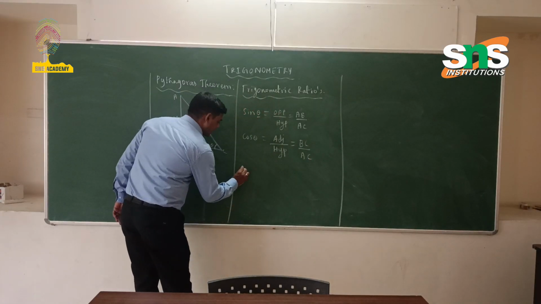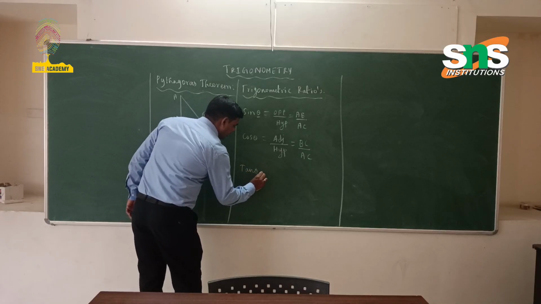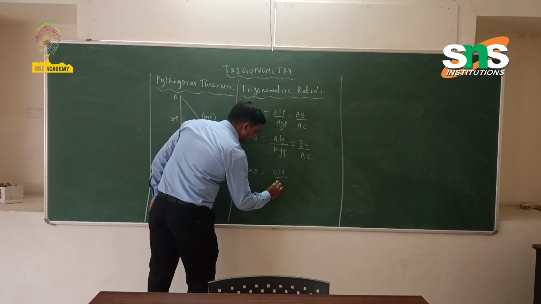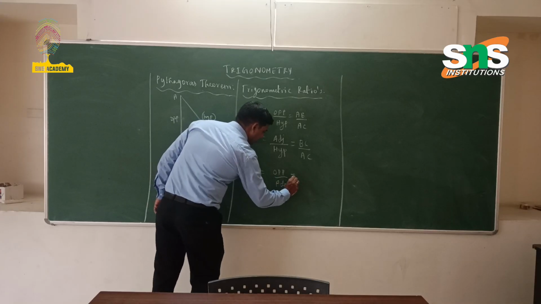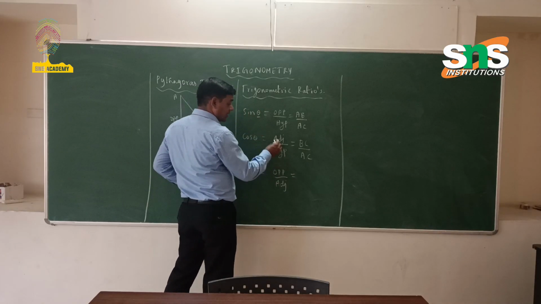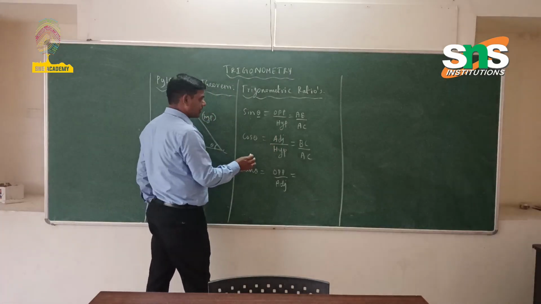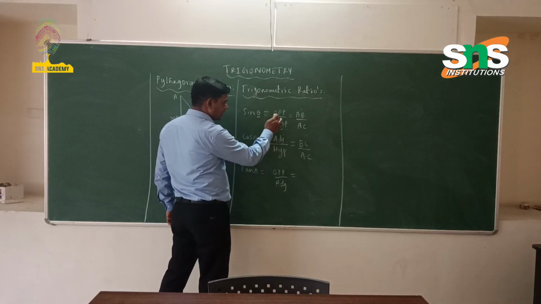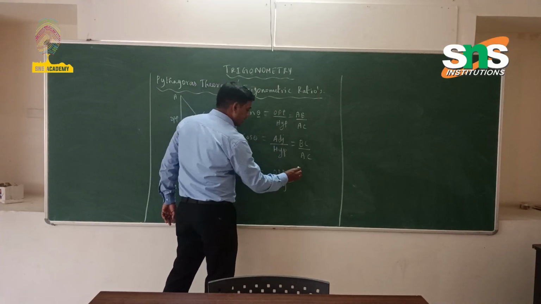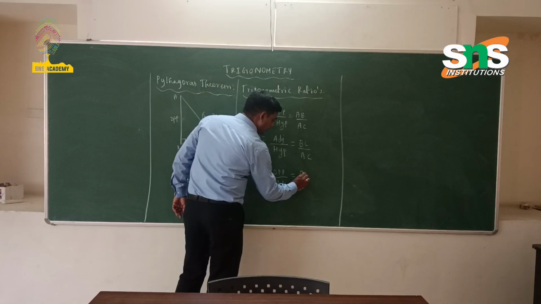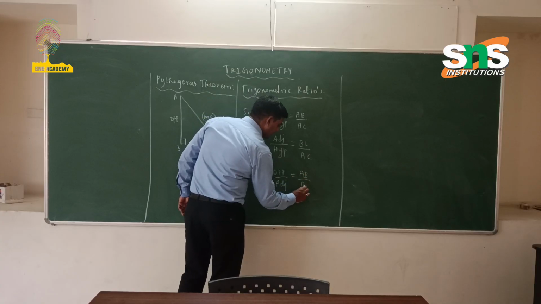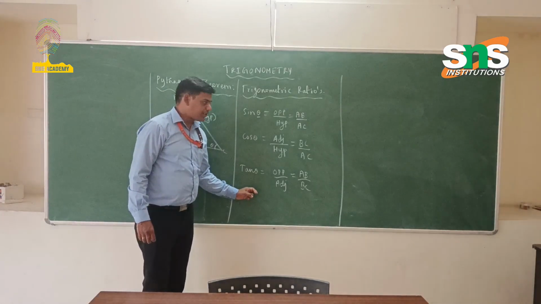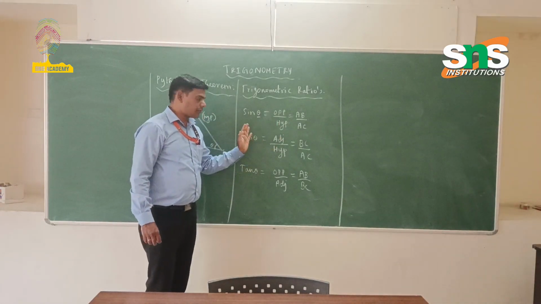And then tan theta is equal to opposite by adjacent. You can easily remember this: after writing sin and cos, the hypotenuse cancels, and we have opposite by adjacent, that is AB by BC.